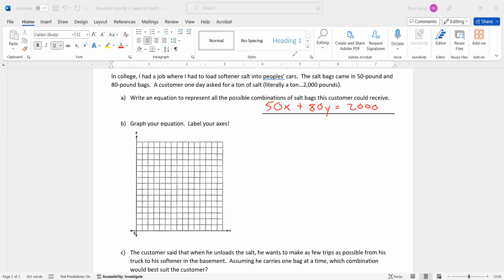X is going to stand for the number of 50-pound bags. So if you got two 50-pound bags, 50 times 2 would be 100 pounds. That's what 50x is standing for. Y would be the number of 80-pound bags.